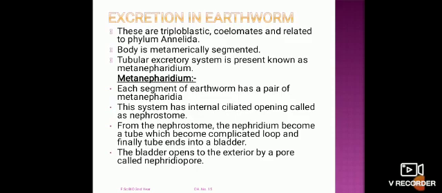When this waste material is collected, the nephridium becomes a tube which forms a complicated loop-like convoluted structure, and finally the tube ends in a bladder-like structure, and this bladder opens to the exterior by another opening known as the nephridiopore. The first opening is known as the nephrostome. The second opening is known as the nephridiopore in each segment.